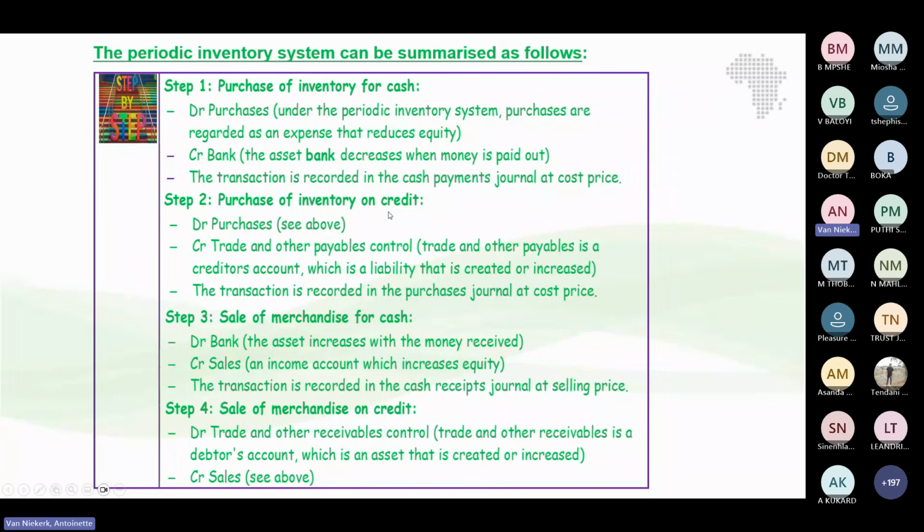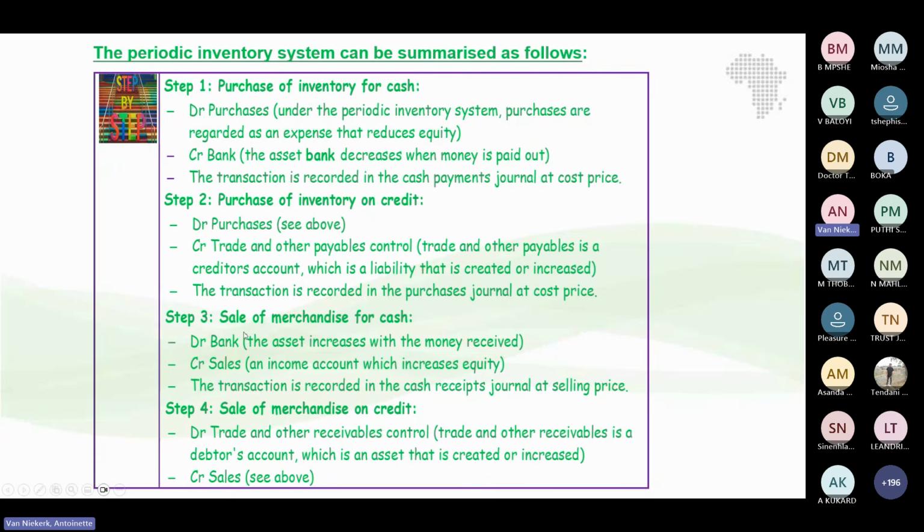You are increasing your debt. And the liability account increases on the credit side and decreases on your debit side. In this case, we are going to increase it. This transaction is recorded at cost price, remember, because it's purchases.